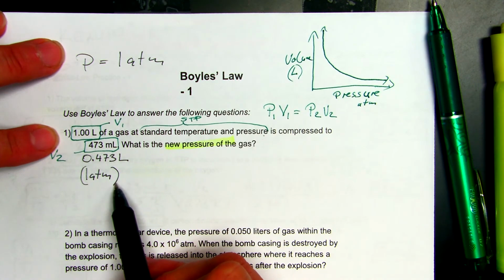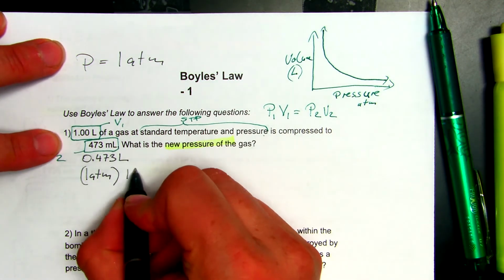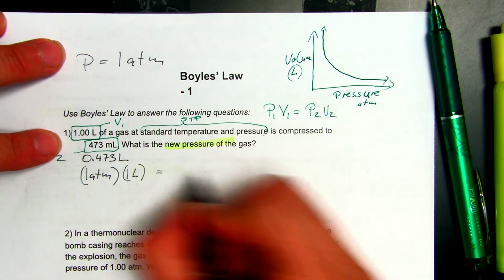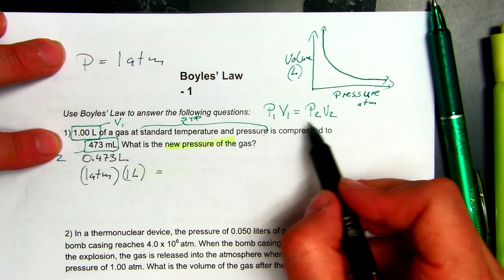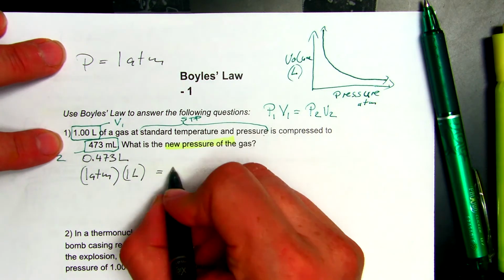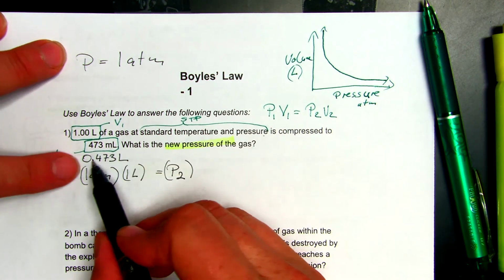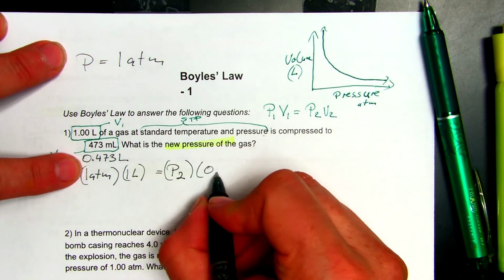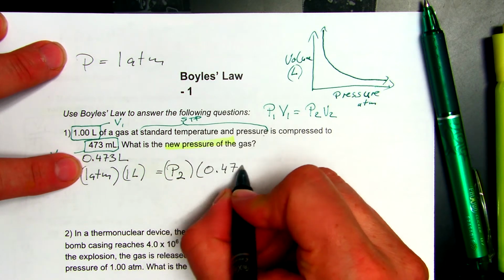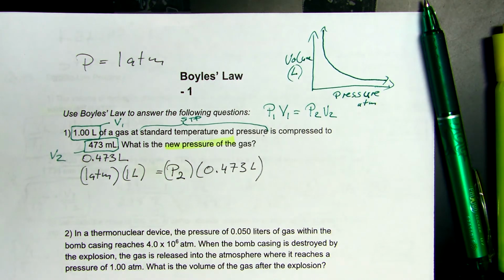It's from the standard. And then my V1 over here is 1 liter. That's pretty easy, right? 1 times 1 is 1. P2, that's what I don't know, so I'll leave this as P2 times V2, which is, we found out, 0.473 liters. Okay? How do I solve for P2?